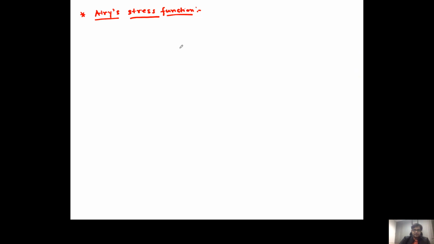So that is true actually. But before we start working with Airy's stress function, we need to know that this is only used in 2D cases. So you can use it for plane stress case, you can use it for plane strain case, or you can use it for purely 2D case where there is nothing in the third dimension. That is the ideal scenario, but you can use it for 2D cases.